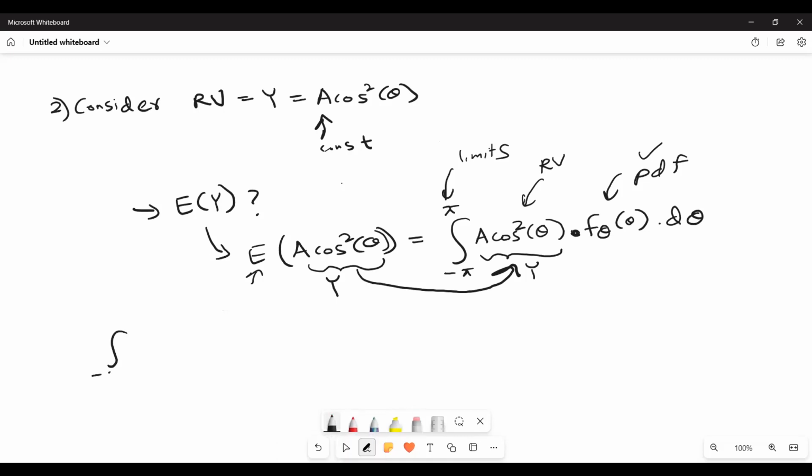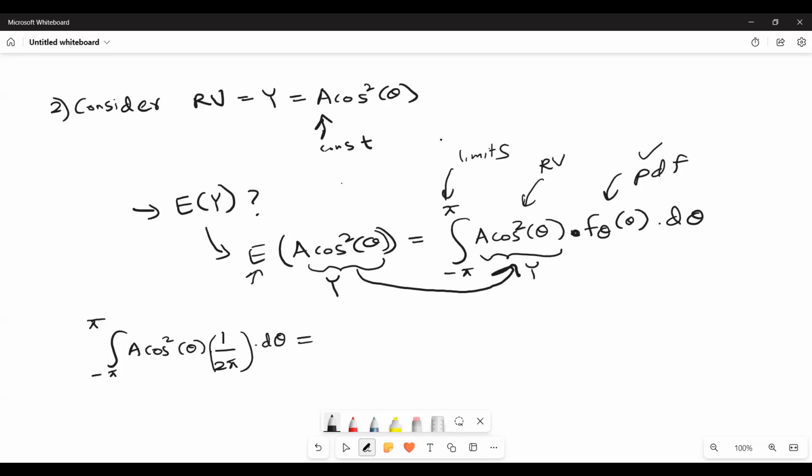So the integration from minus pi to pi of a cos squared theta into the f theta. F theta means the probability density function of theta that we found out earlier, which is 1 over 2 pi, with respect to theta.